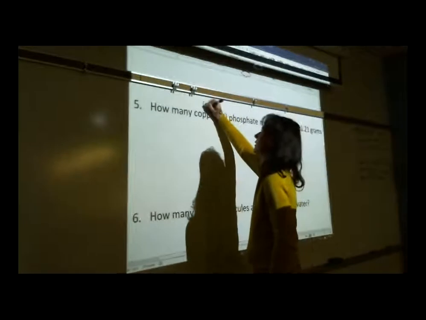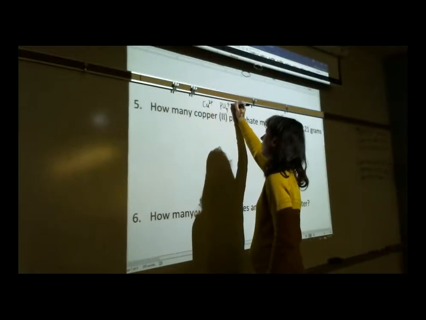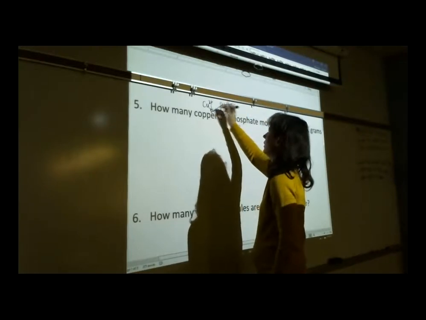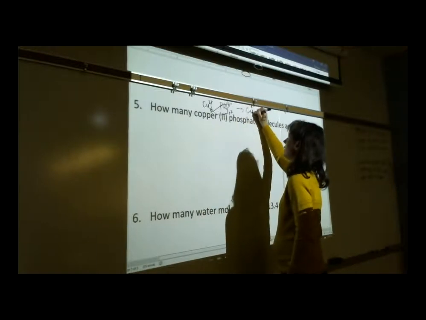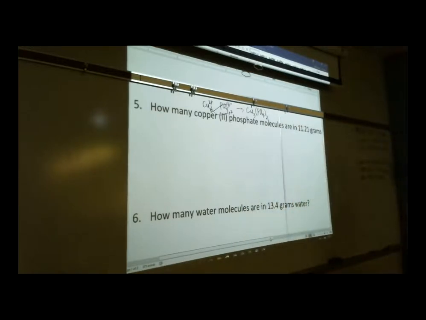This is Cu2+. This is PO4 3-. So when I crisscross those, I get Cu3(PO4)2. Do we agree on that formula?